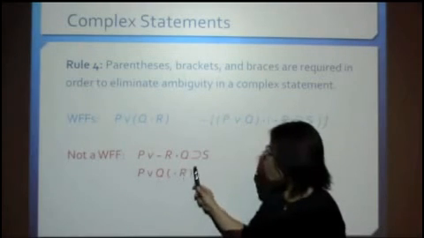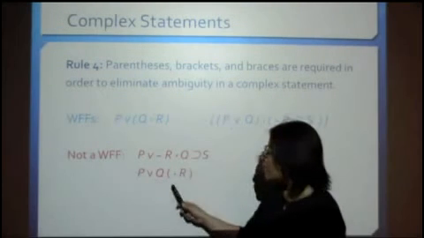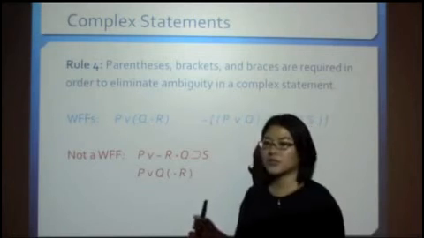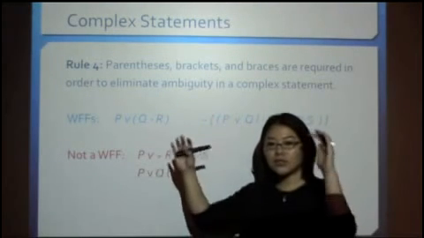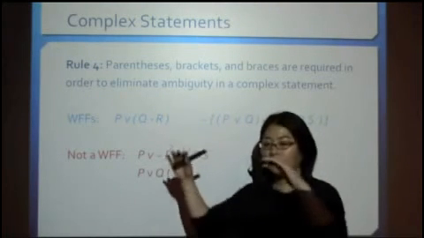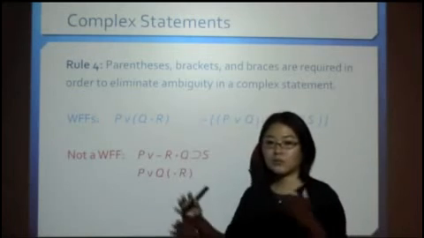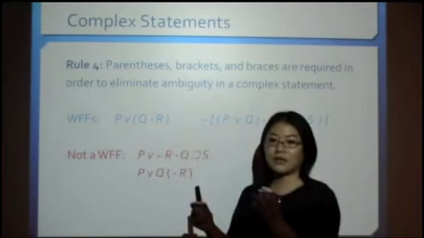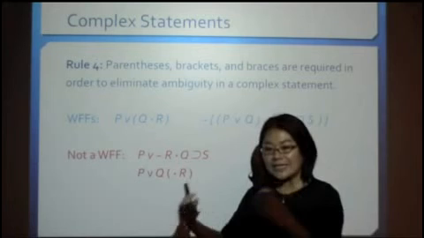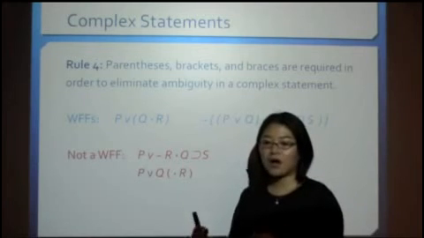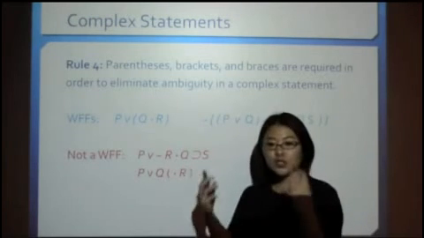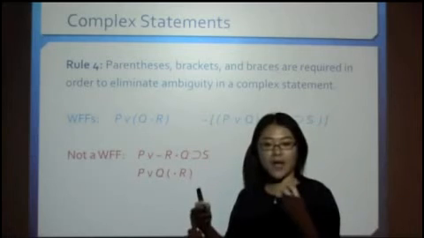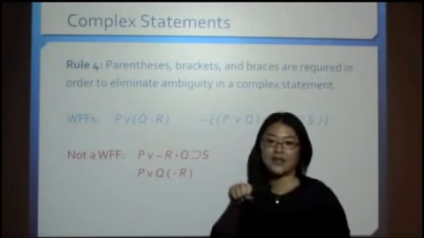Then we have R and then the closed parentheses. The parentheses is supposed to bind units together, okay? And what I mean by units is they're supposed to bind statements together, okay? So what you should have inside of a parentheses are always going to be two statements, either simple or compound, and a connective, okay?